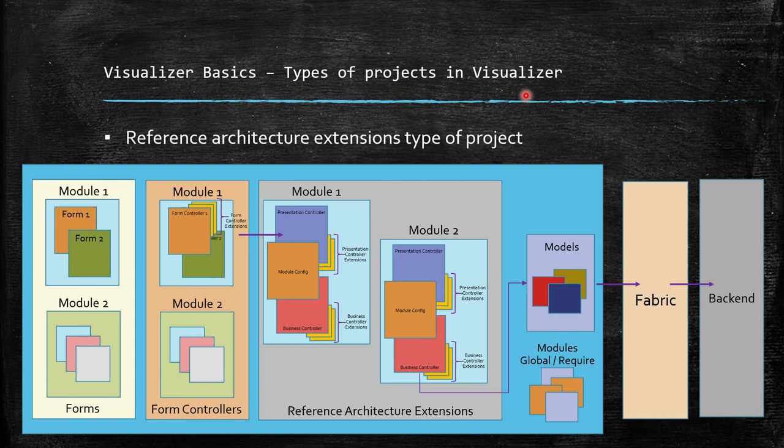So the customizations he would implement as part of the extensions to the form controllers, presentation controllers and the business controllers. As the customer is implementing the customizations, you would have added new features into your product and you would have released a version 2 of the product.